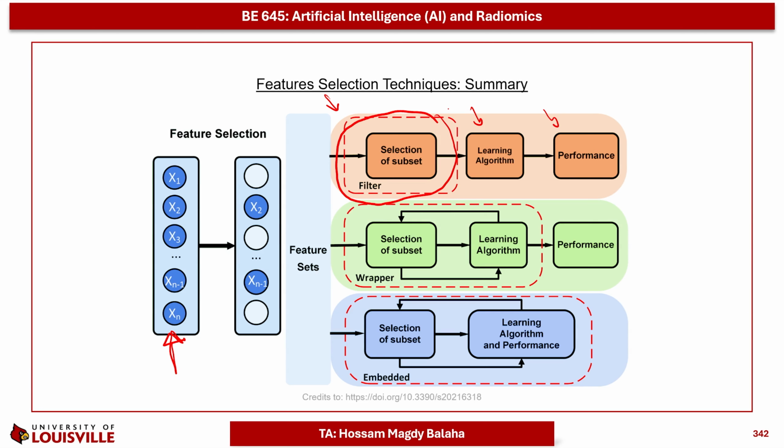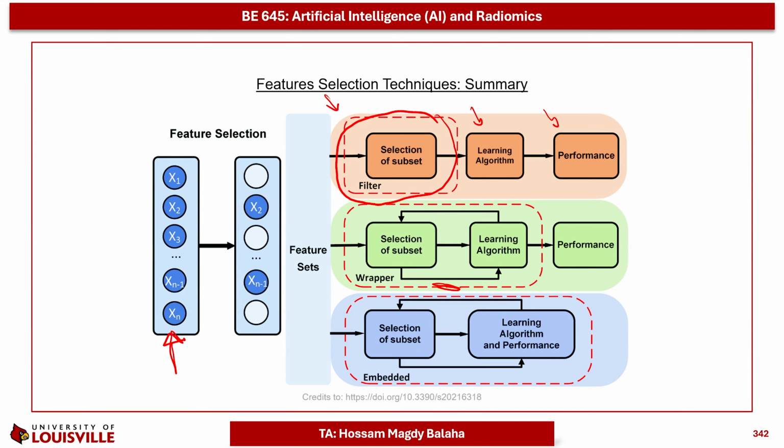And selecting the subset here is done individually away from the learning algorithm or the machine learning model using a statistical method. For the wrapper technique, here we are dealing with selecting the feature and the learning algorithm iteratively, whether you're using forward selection or backward elimination or whatever approach you are dealing with.